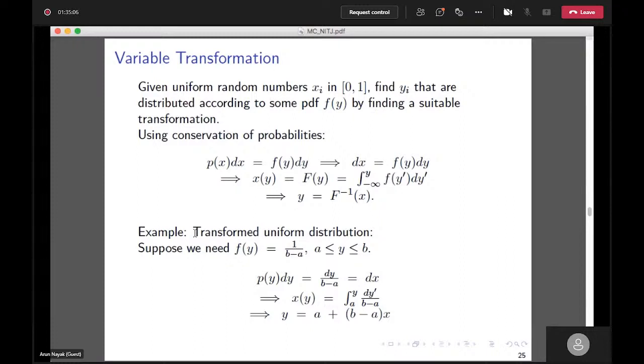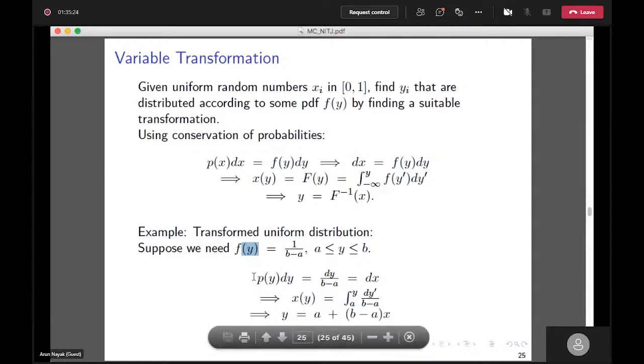For example, we can derive this transformed uniform distribution. We want to go from say 0 to 1 to a to b. Then f of y will be 1 over b minus a between a and b. So then we can use the same formula again here.